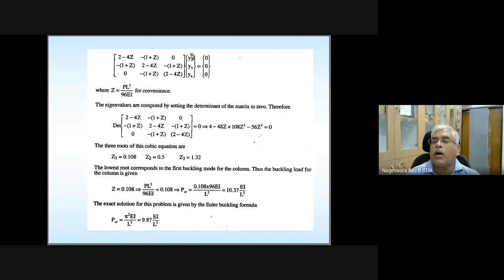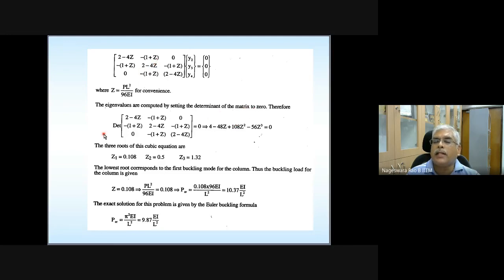I am looking for a non-trivial solution. Non-trivial solutions are obtained by equating the determinant of the quantity in the square brackets, which is a matrix, to 0.